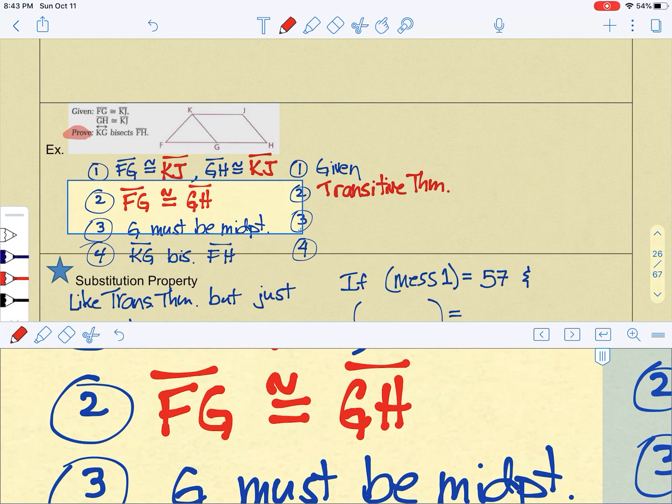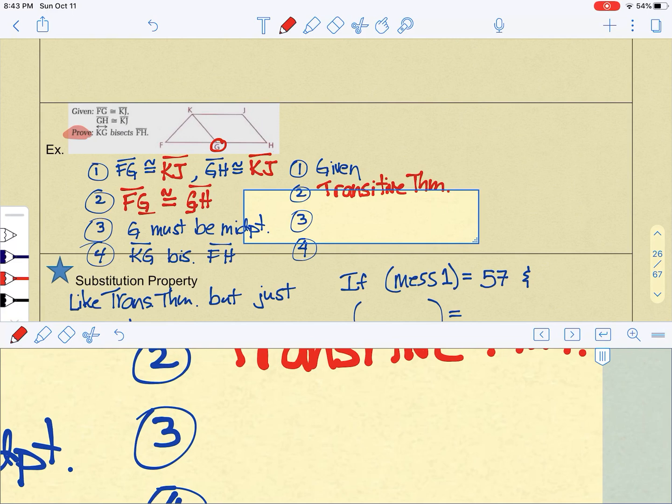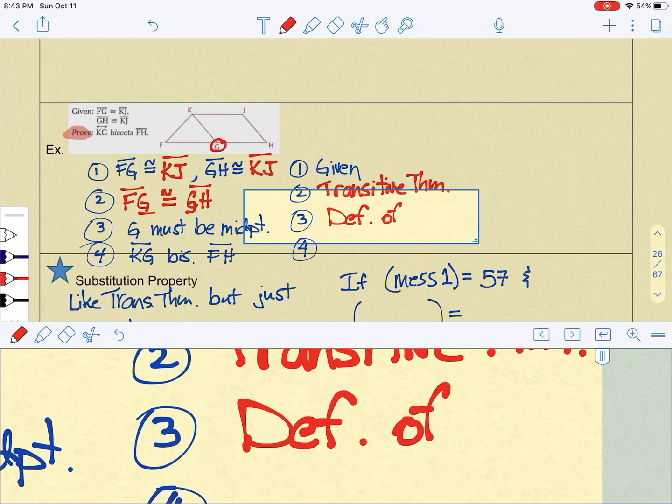So, notice if FG is congruent to GH, they both share that G, right? And we can see in the diagram, these are collinear points. Therefore, G is the midpoint. Why? Because that's how we define a midpoint.